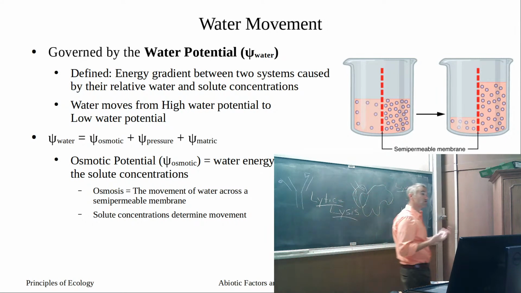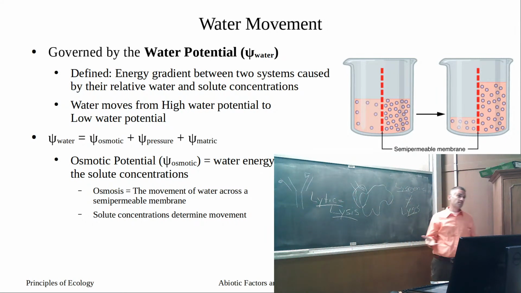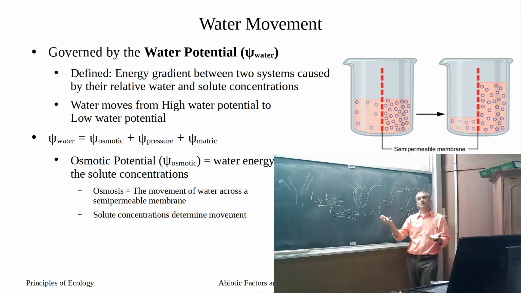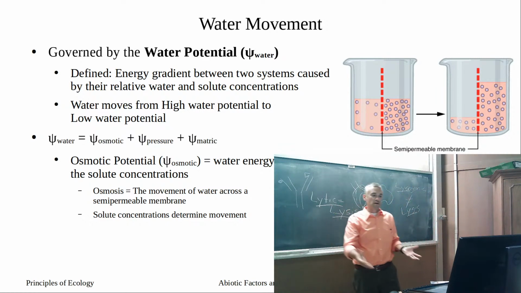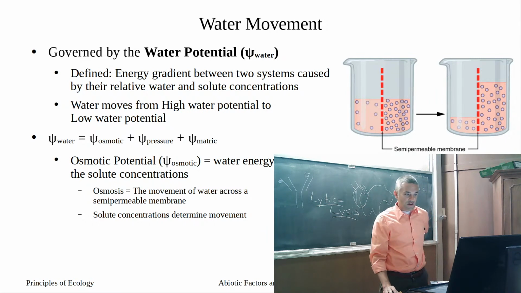But when we think about salts and sugars and stuff, water is going to move from a low salt area to a high salt area. And what it's trying to do is get the concentrations on both sides of that membrane to be equal.